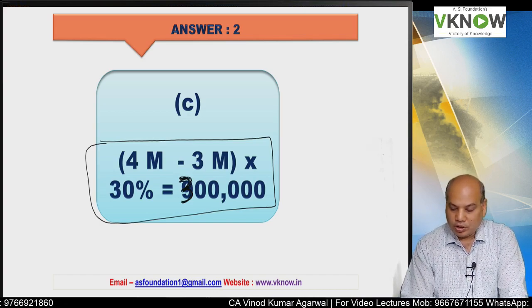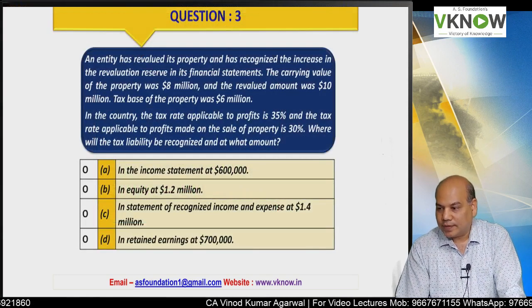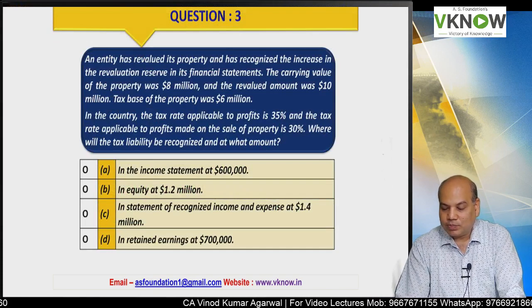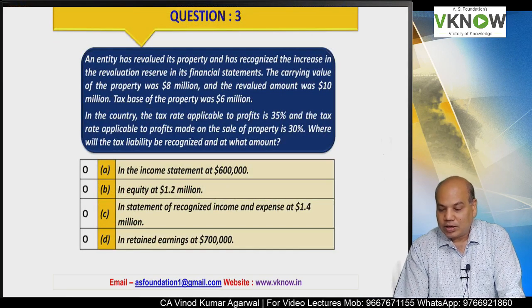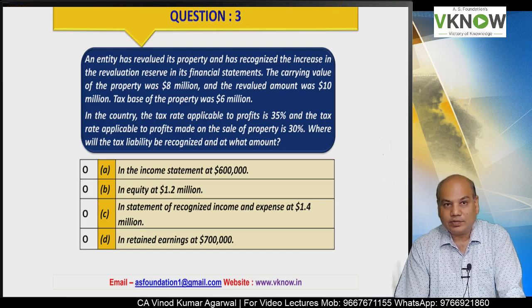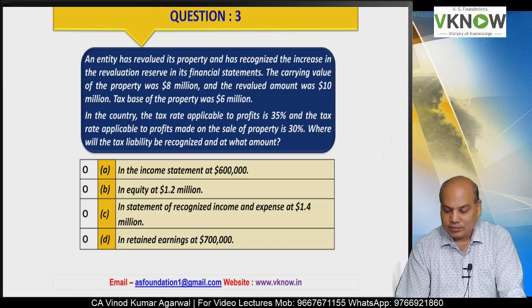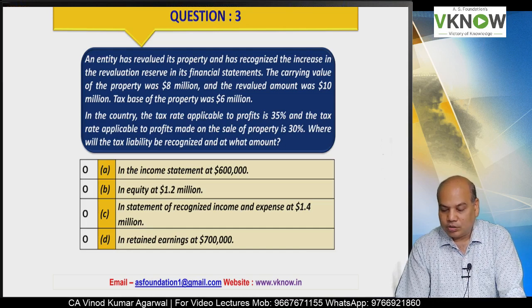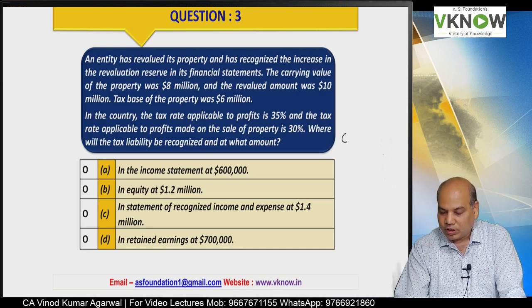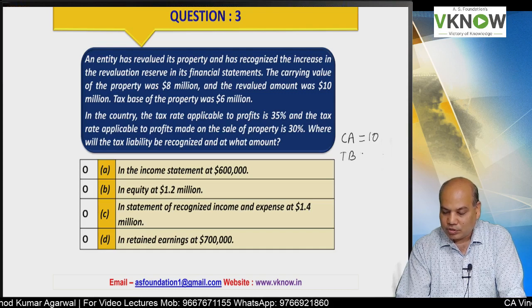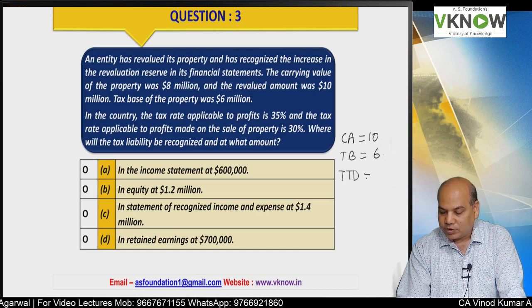Now we'll come to question number 3. An entity has revalued the property and has recognized the increase in the revaluation reserve in its financial statement. The carrying value of the property was 8 million and the revalued amount was $10 million. So my carrying amount has become 10 now and the tax base was 6 million. So the taxable temporary difference will be 4.